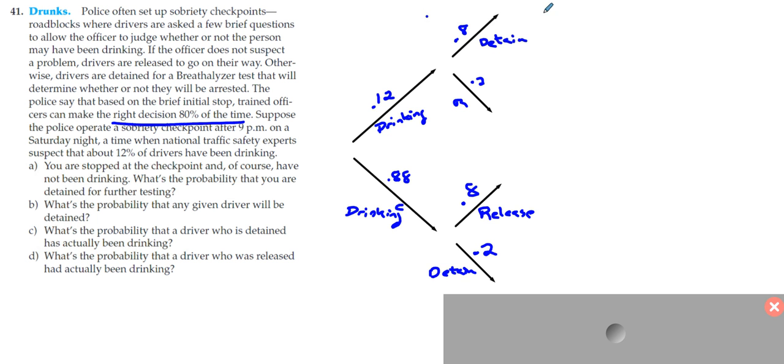Now, from here, we can find these probabilities. We can find 4 different probabilities. These are really the only 4 outcomes you could have. You could have drinking and detain. So we multiply these two, 0.12 times 0.8, that's 0.096.